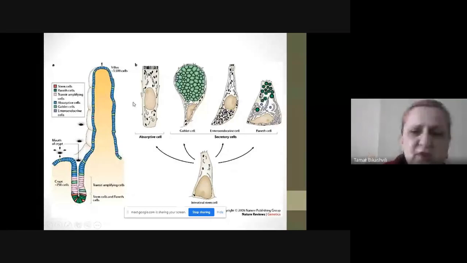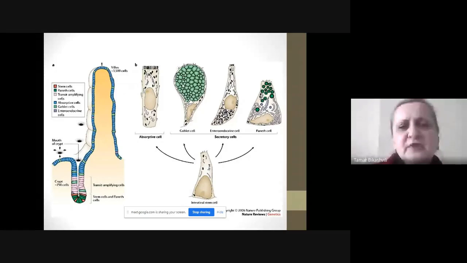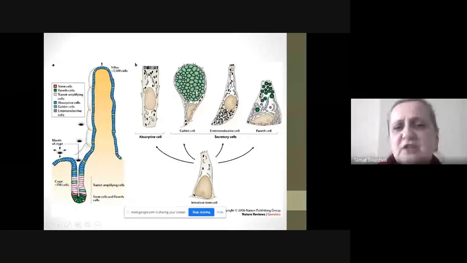Absorptive cells, simple columnar epithelium, line the inner part of the small intestine. Then goblet cells, then enteroendocrine cells, open type endocrine cells, because you can see the granules are on the basal part.